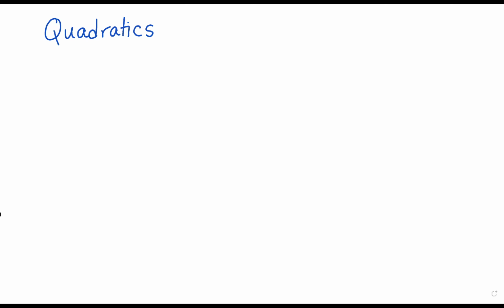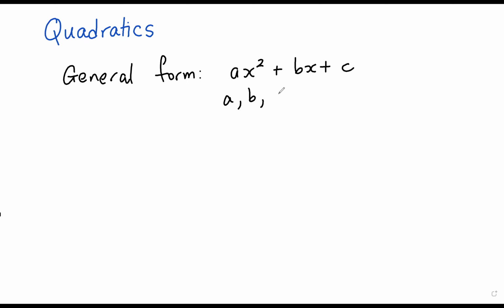So first things first, what is a quadratic? A quadratic is an expression or equation in which the highest power of x is 2. So the general format of a quadratic expression is ax squared plus bx plus c, where a, b, and c belong to the real number system.